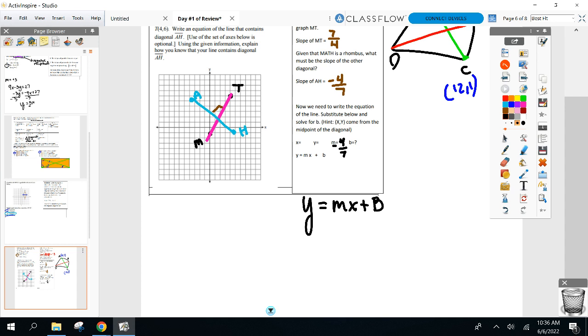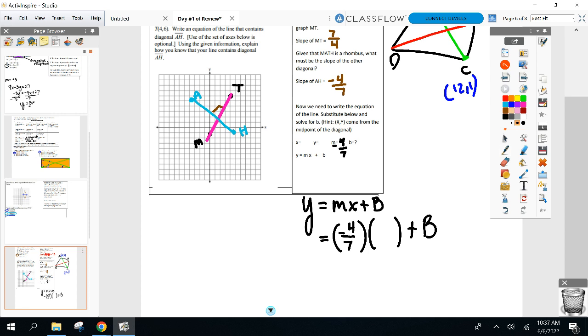Plug it in for m right now: -4/7. Now I need an x and a y to plug in, and that x and y has to be on that line. I don't want M or T. I want a point on AH. How are we going to find that point?